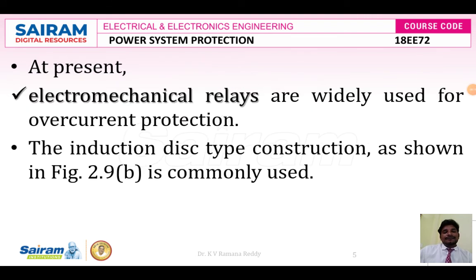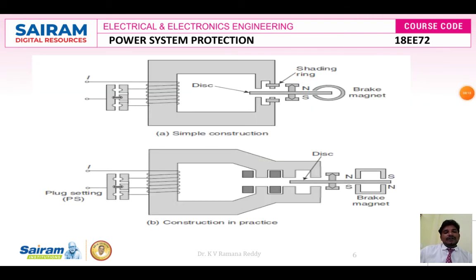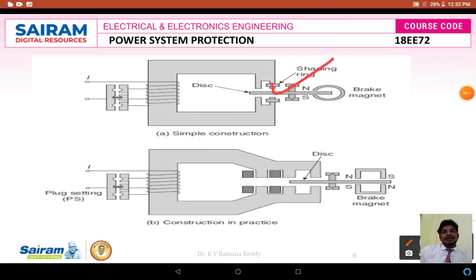The resultant flux produces a twisting force which causes the production of torque. Then the aluminum disc will rotate so as to separate the faulty section of the system from the healthy section. Like this, an electromagnetic induction relay functions to isolate the faulty section of the system from the healthy section.